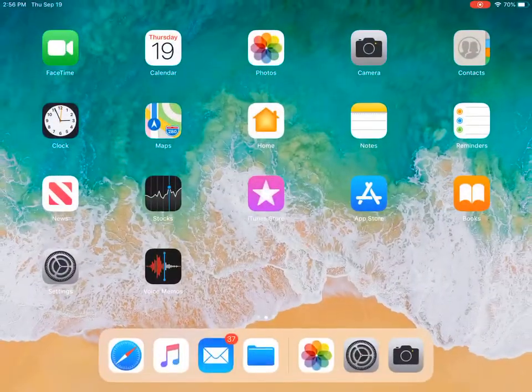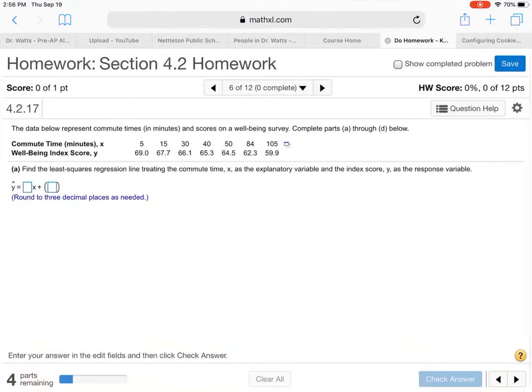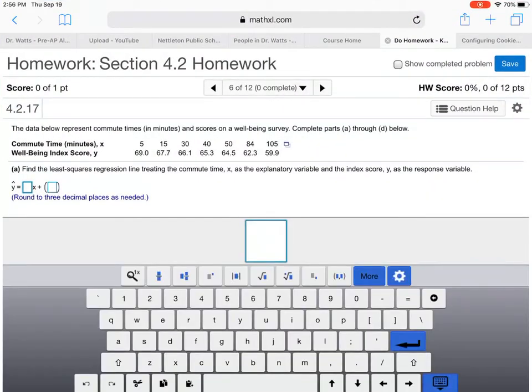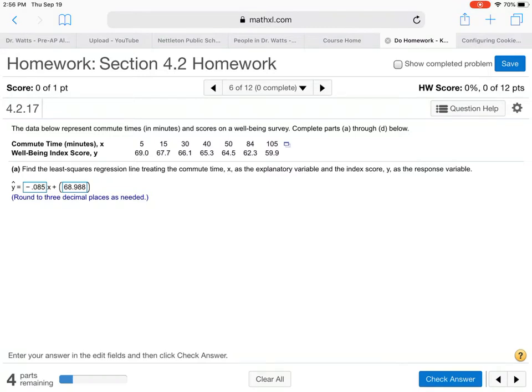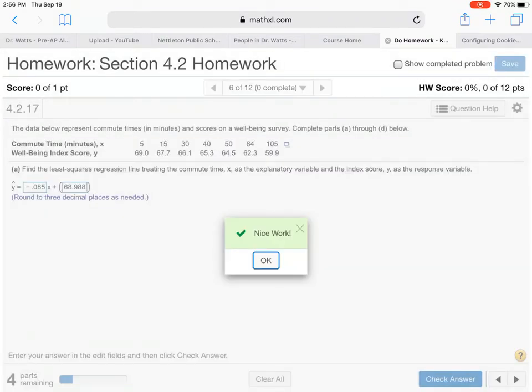So when we go back to MyLabStat, we type in these values. Check answer, and we're ready for the next step.